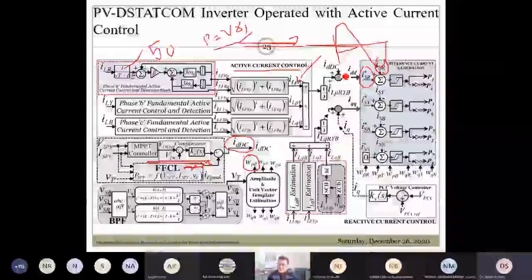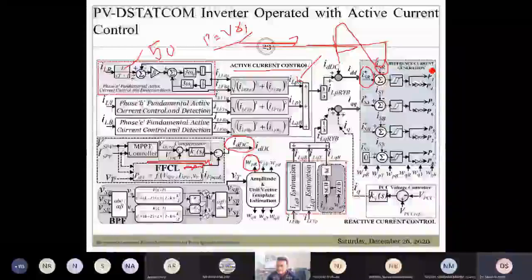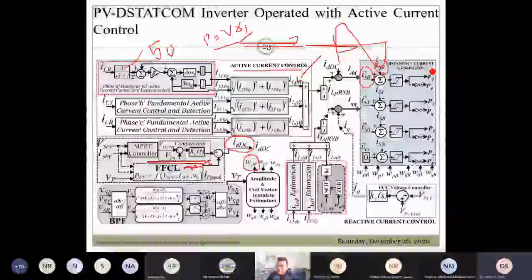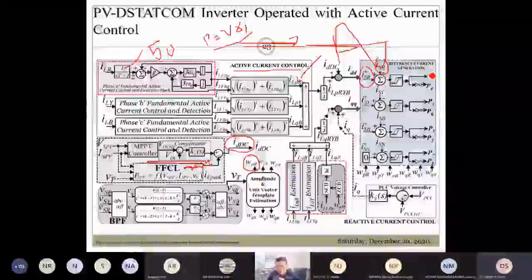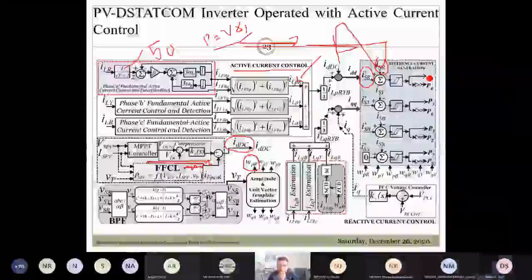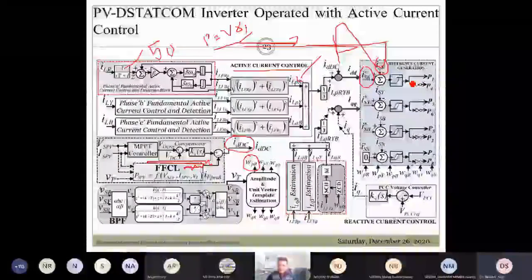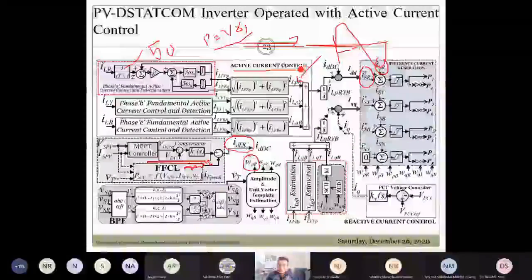That's what I mentioned in the first slide. So from the discussion, we come to the conclusion that under abrupt changes in conditions, the battery is mandatory. See, the thing is that you still have a synchronous generator.